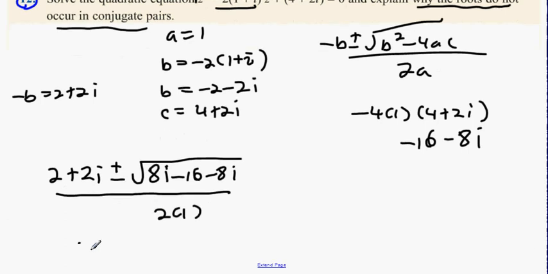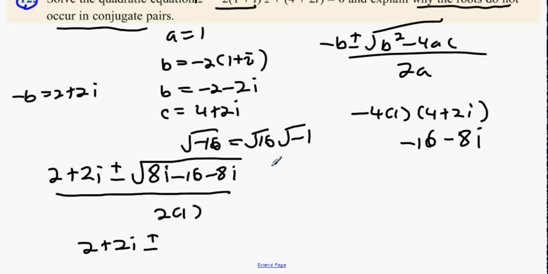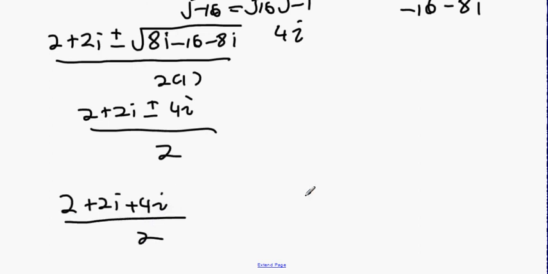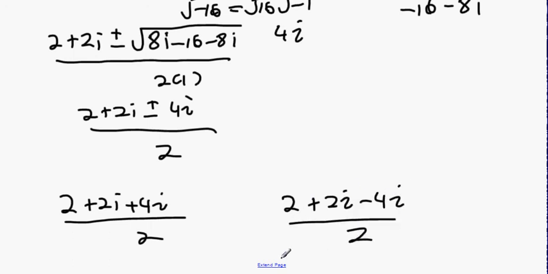And then when this happens, we're going to get 2 plus 2i plus or minus the square root of minus 16. The square root of minus 16 is root 16 times root minus 1, which is 4i, all over 2. So we have two different equations here. We're going to have 2 plus 2i plus 4i over 2, or we're going to have 2 plus 2i minus 4i all over 2.